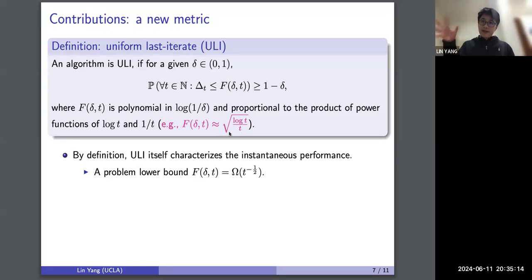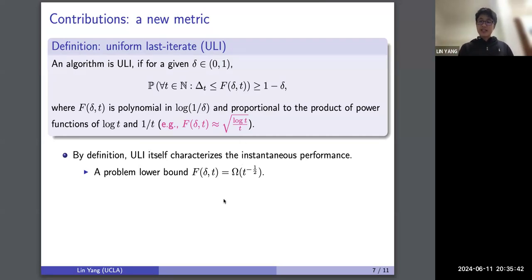For now, let's forget about the algorithm. Is this possible? If it is possible, what is the best possible function? Fortunately, we show that this bound actually implies the previous bounds. In that way, we can derive an immediate lower bound showing that the optimal ULI, uniform Last-Iterate, function is actually 1 over square root t.